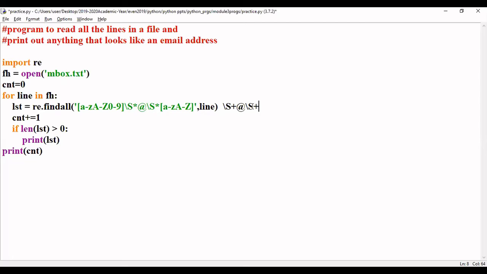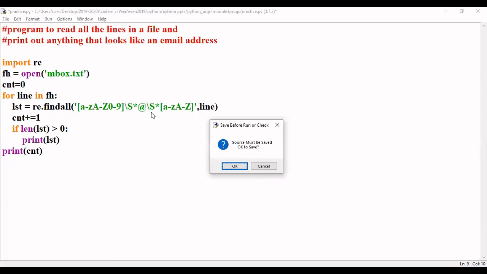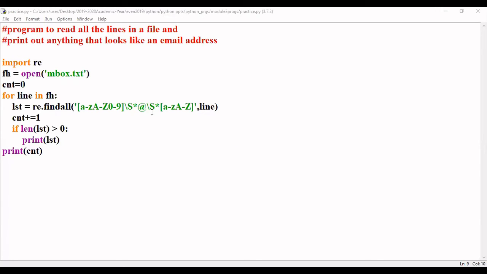So you should know this difference. That is the main reason it has been replaced with an asterisk, because the bracket already indicates one character is present. Fine. Now let us run this and see what the output would be.